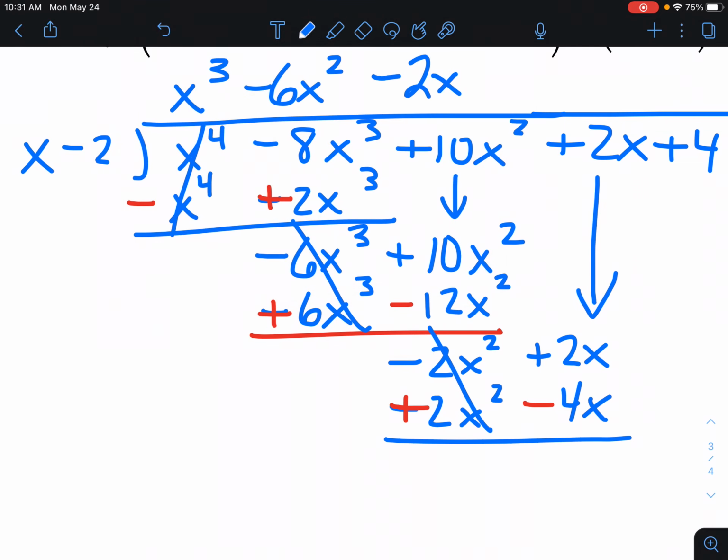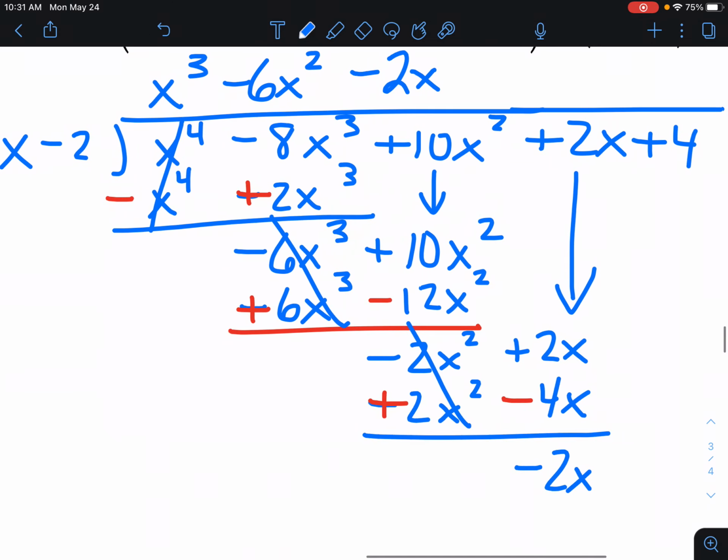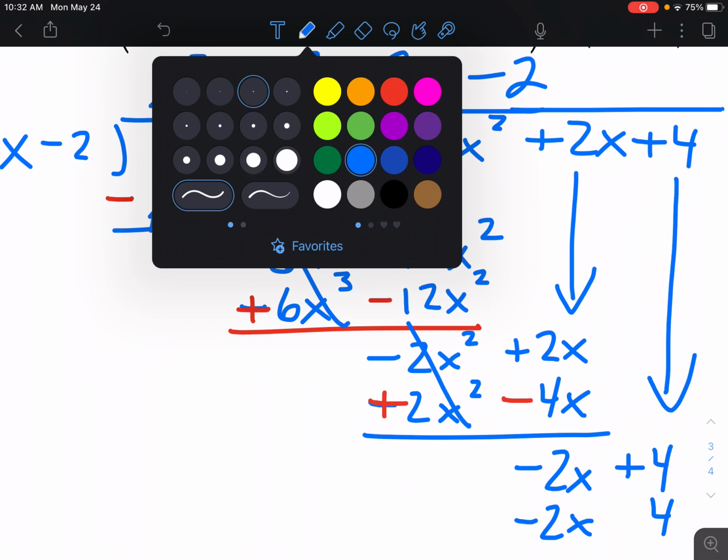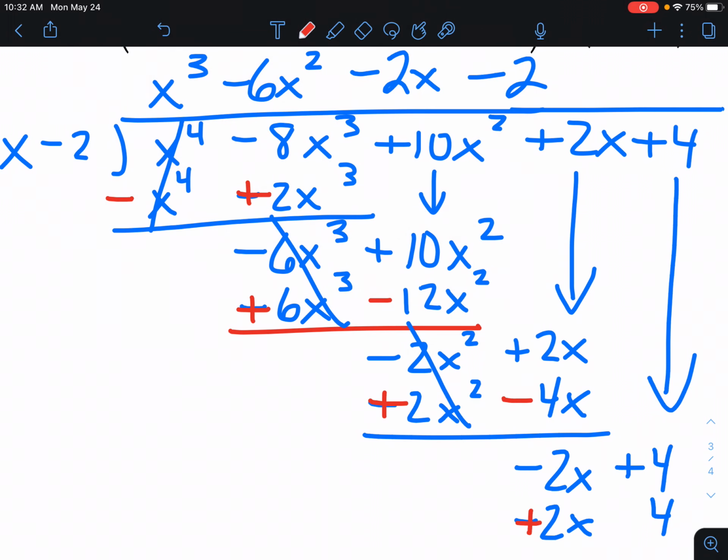These cancel. 2x minus 4x is -2x. And bring down your final term, the plus 4. And start the cycle again. First term divided by first term, that would be -2x divided by x is -2. Now distribute the -2 times x, -2 times 2, and then we are going to subtract the bottom row.